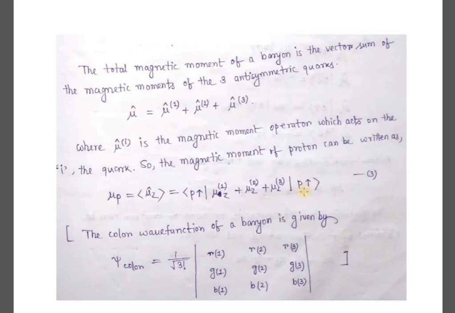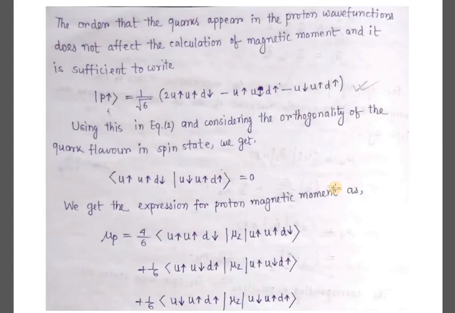I have used the proton spin up wave function, and then the order of the quarks as they appear in the proton wave function does not affect the calculation of magnetic moment, and so we will just use the first 3 parts of the entire 18 terms present in the total proton wave function, which we have discussed in previous lectures.